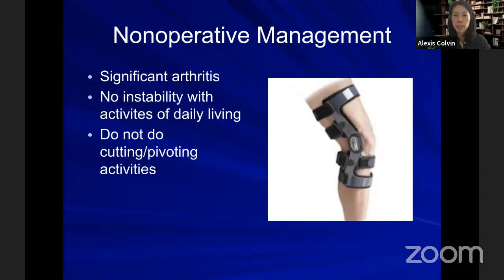Those would be reasons to do surgery for the ACL in someone who wasn't necessarily an athlete but needed the stability in the knee for their job or for day-to-day activity.